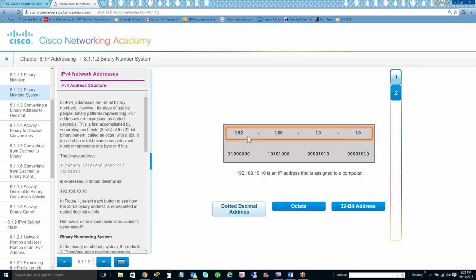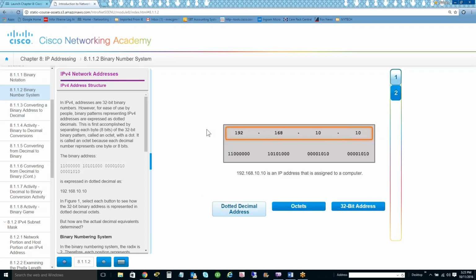Basically, in a nutshell, IP version 4, which is what we're going to discuss first, you probably have seen it most commonly notated as 4 decimal numbers that are separated by a period.